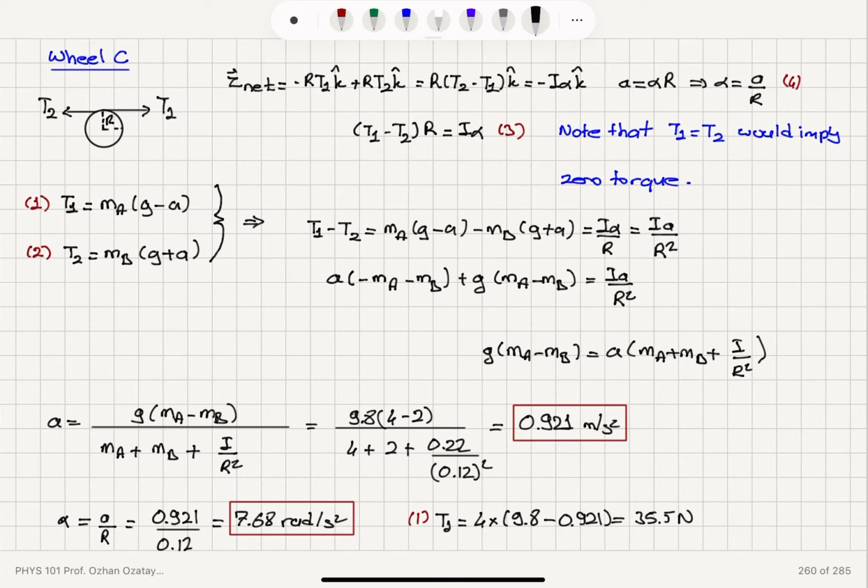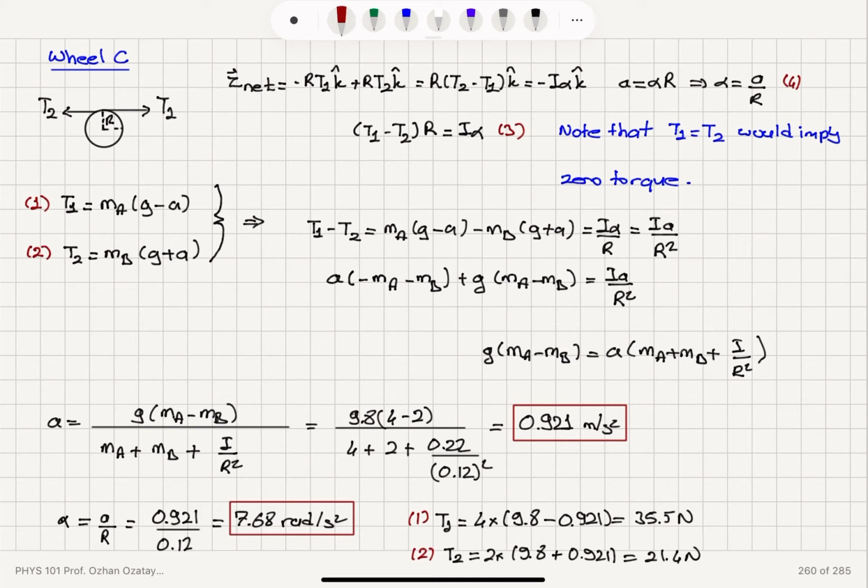So it is MAG minus A. And for T2, from equation number 2, we have T2 equals MB times (G plus A), which is 2 times (9.8 plus 0.921), which is 21.4 newtons.